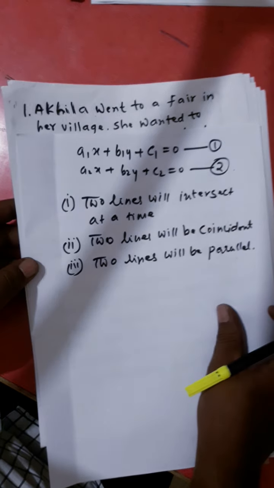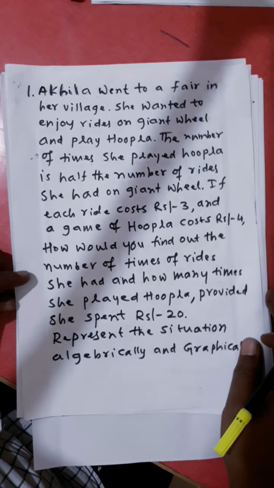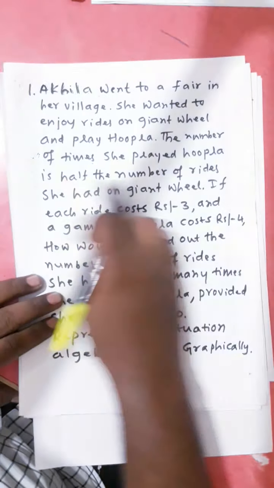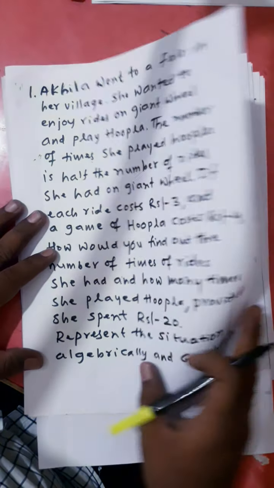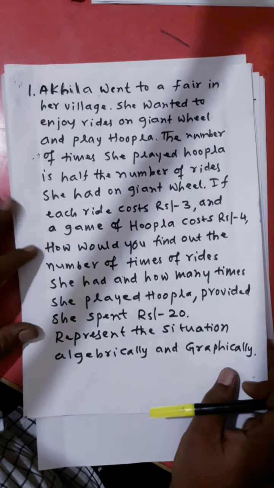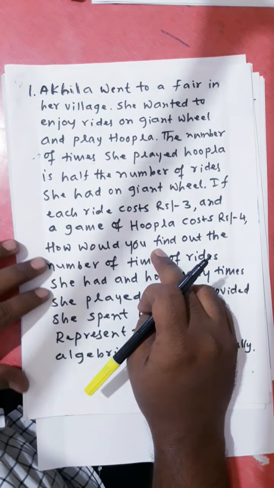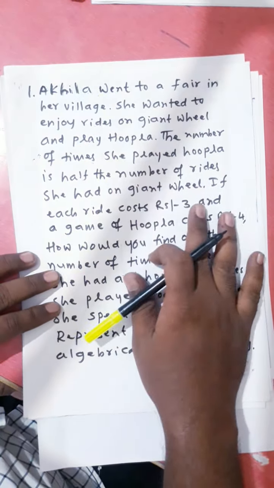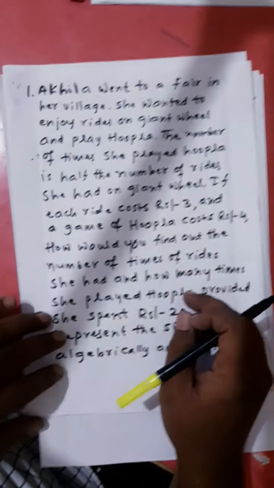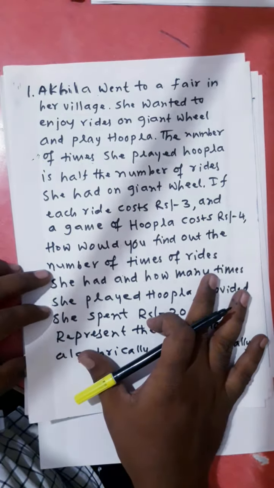I will remind you, this is the first example we studied. After studying this example, we also drew the graph. Those who did not watch that video number 2, you can watch it, and after that come to this video. This is the statement given, this is the question.